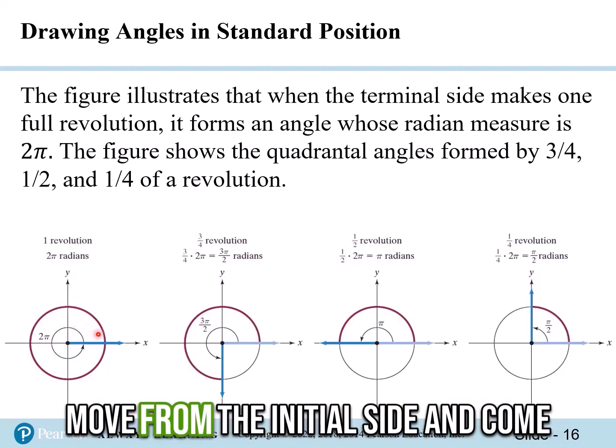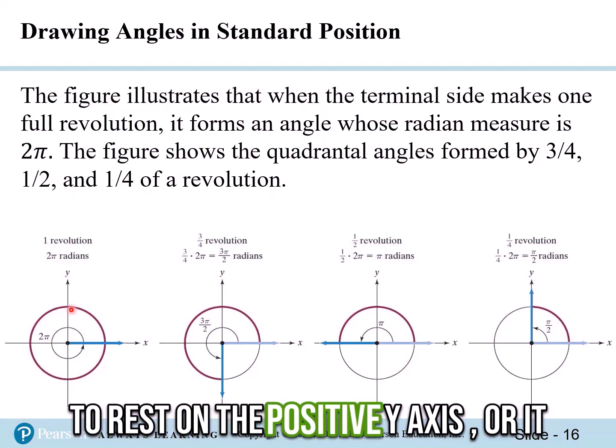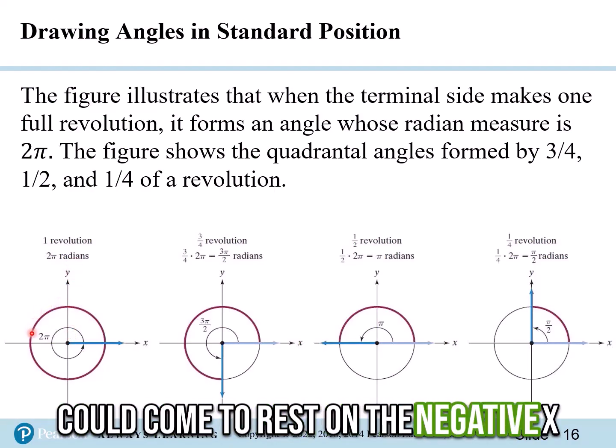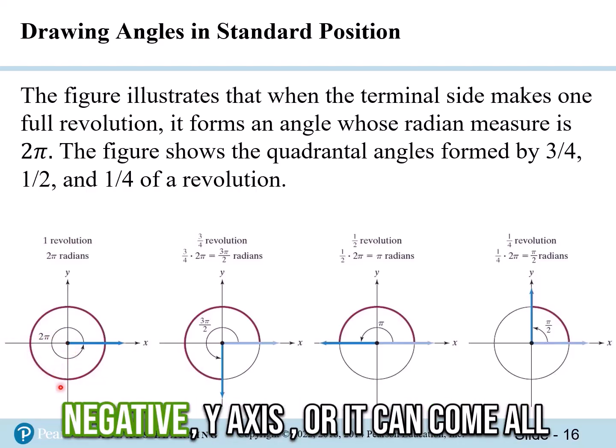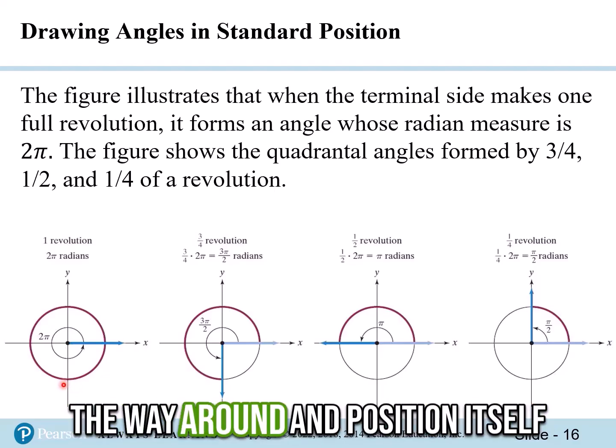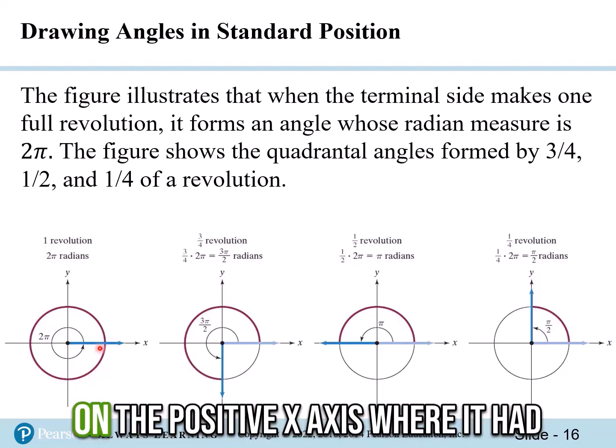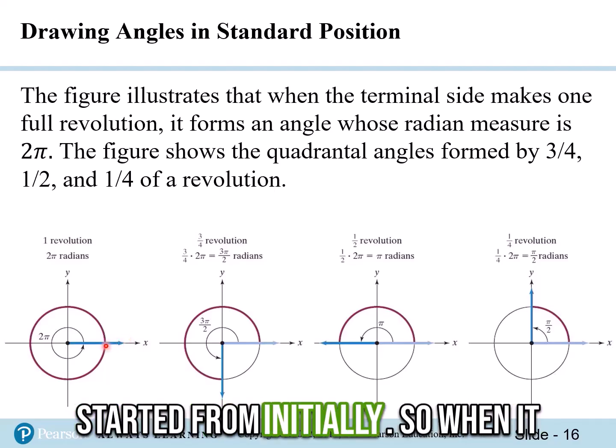So it could move from the initial side and come to rest on the positive y-axis, or it could come to rest on the negative x-axis, or on the positive or negative y-axis, or it can come all the way around and position itself on the positive x-axis where it had started from initially.